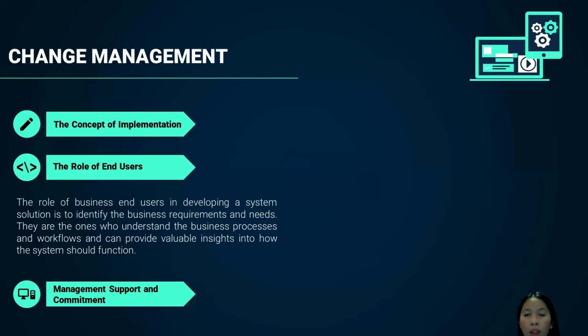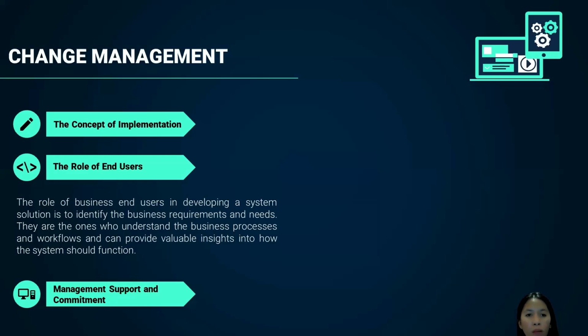So whenever there are changes on the system, end users must be clearly communicated with and must be consulted if those changes may affect or violate any business processes along the way.